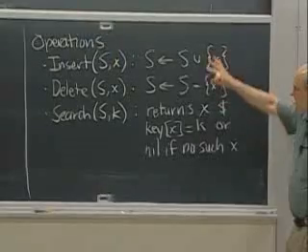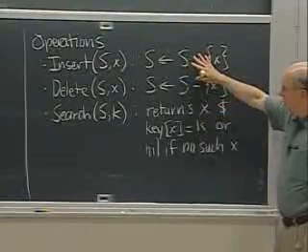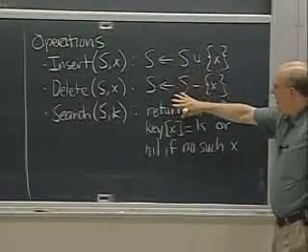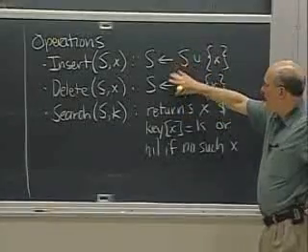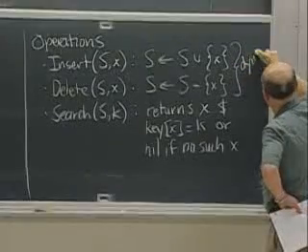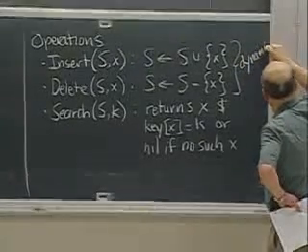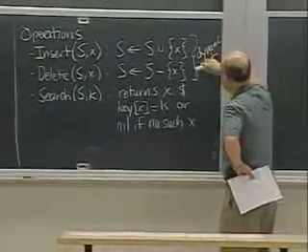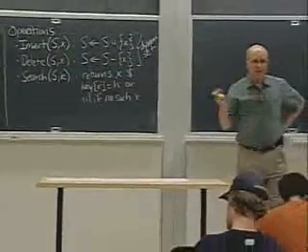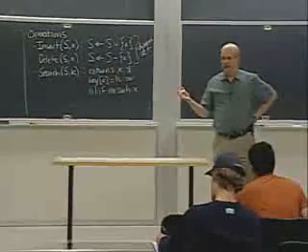Whenever you have set operations that change the set, like insert and delete, we call it a dynamic set. So these two operations make the set dynamic. It changes over time. Sometimes you want to build a fixed data structure.